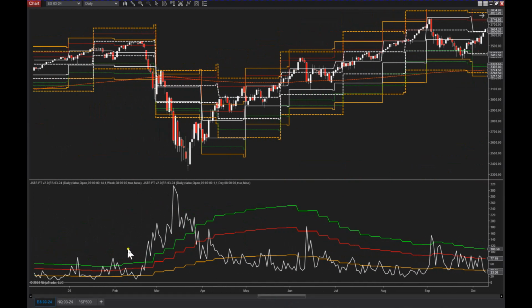So here's a good example. A breakout to the upside and the price just really took off to the downside. And you can see right here where it returned inside the distribution, the market went up.